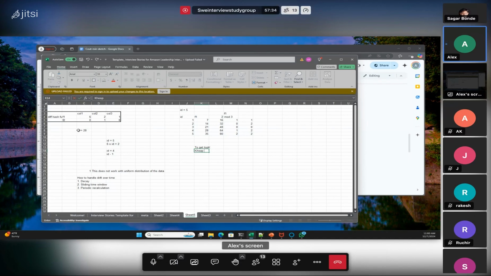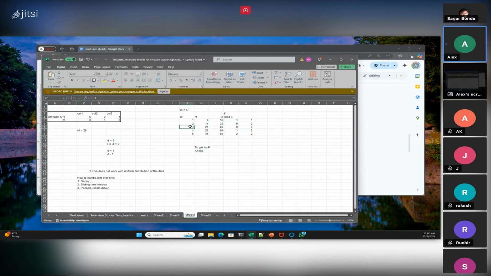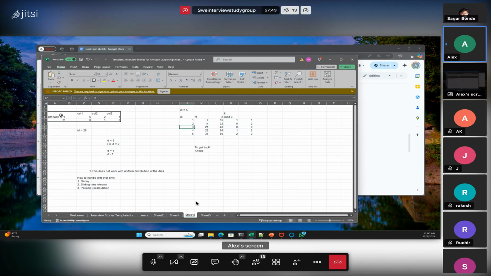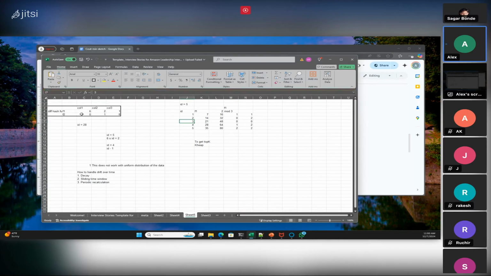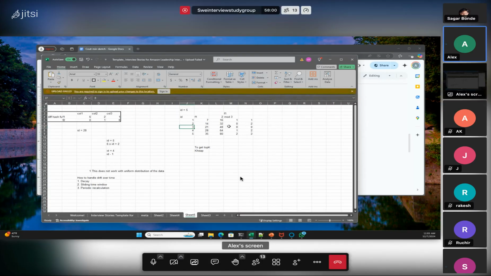Now the question is, there is a new ID, like 3, that we never saw before. How do you know that ID should not be in the heap? That's where count min sketch comes in handy. You have a heap that has some IDs already. Now you're writing a new entry with ID equal 3, and you need to decide whether it should go in the heap or not. For that you go into the count min sketch with the ID of 3: 0, 0.